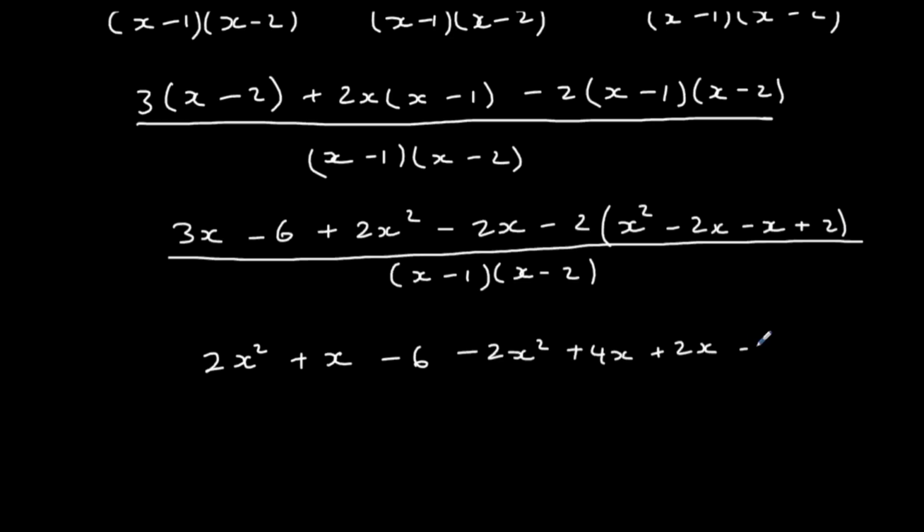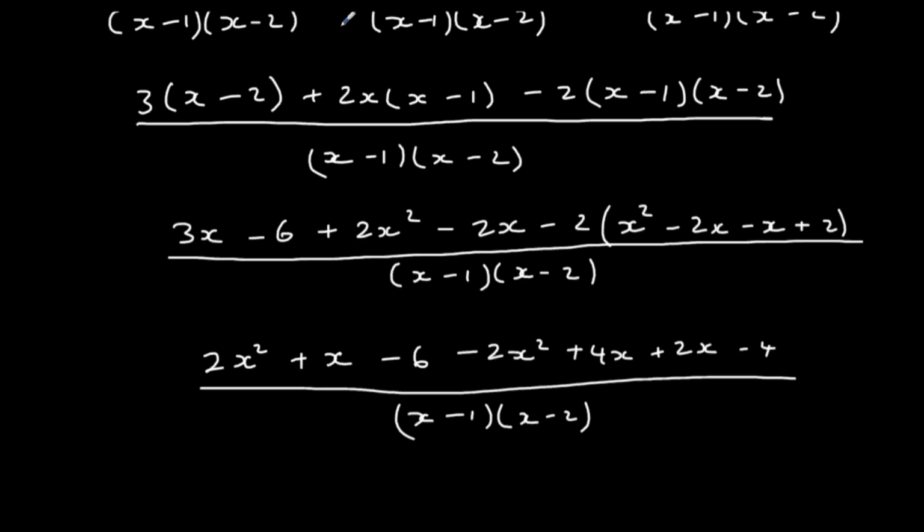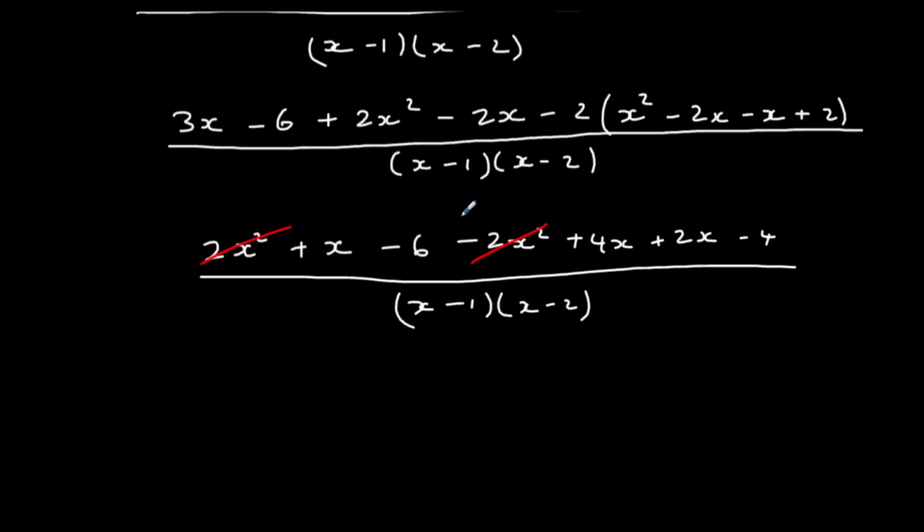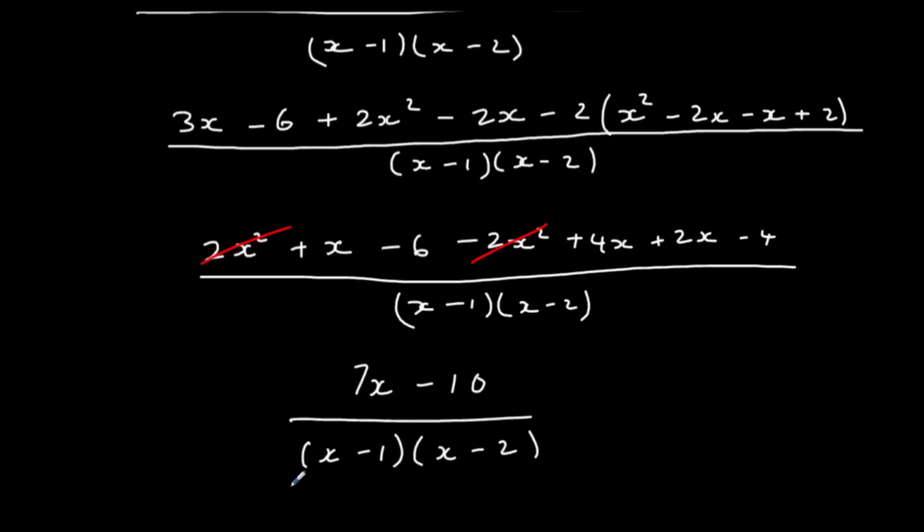Negative 2 times 2 is negative 4. And leave the denominator as it is again. And collecting the like terms, 2x squared take away 2x squared is nothing. I've got x and another 4x and another 2x. So that's 7x's. Minus 6 minus 4 is minus 10. So 7x minus 10 over x minus 1 times x minus 2.